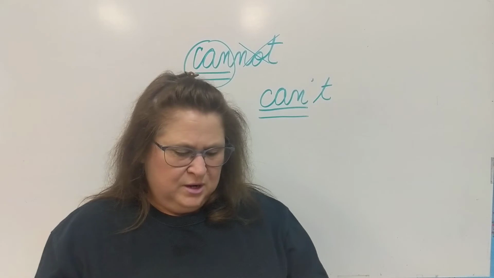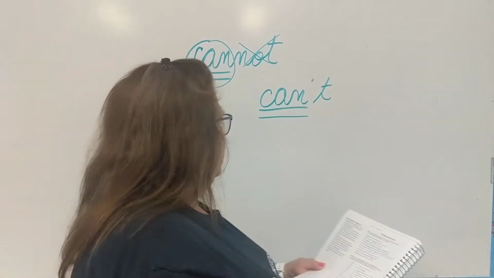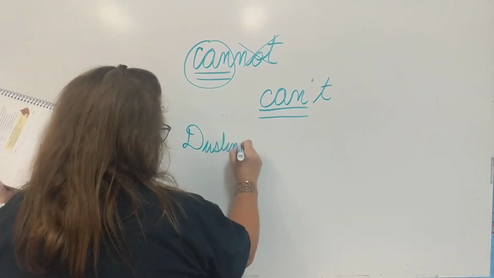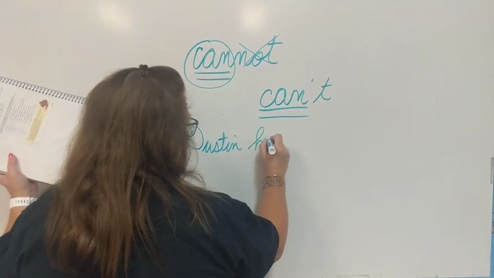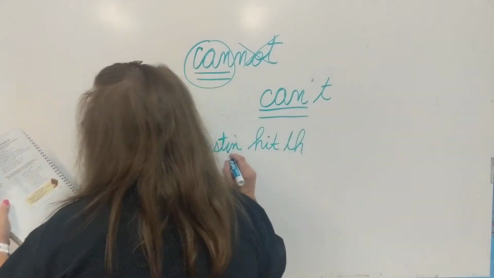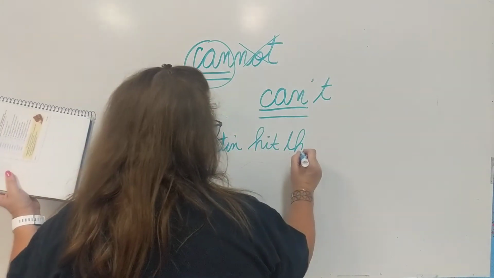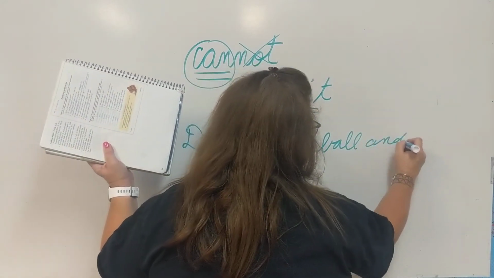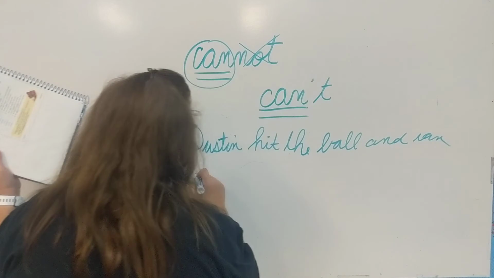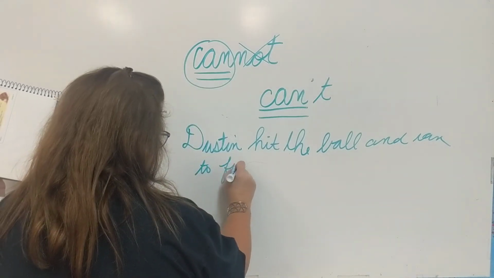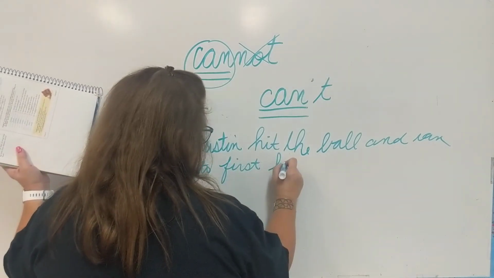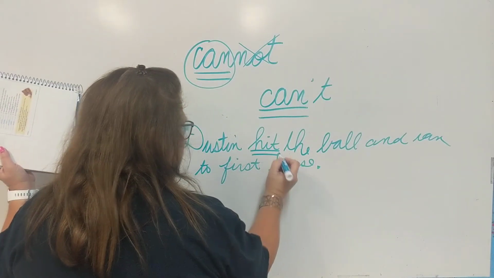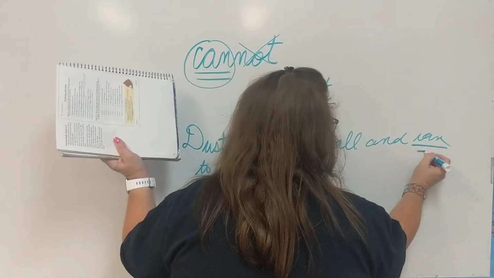I want to make sure you understand the difference. In the sentence, Dustin hit the ball and ran to first base, our verbs in this sentence are hit and ran.